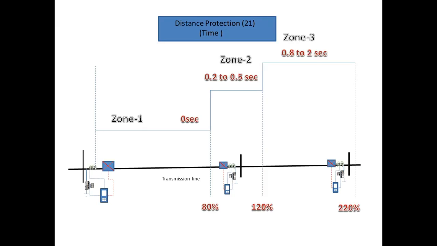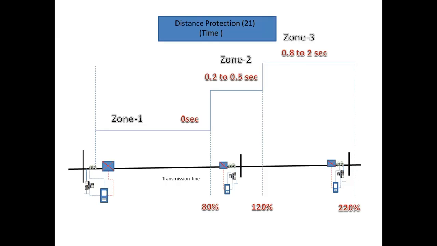For zone 2, it may be on my line or the other line. So we are not able to tell 100%. So we give the relay a little bit higher time, that is 0.2 to 0.5 second.